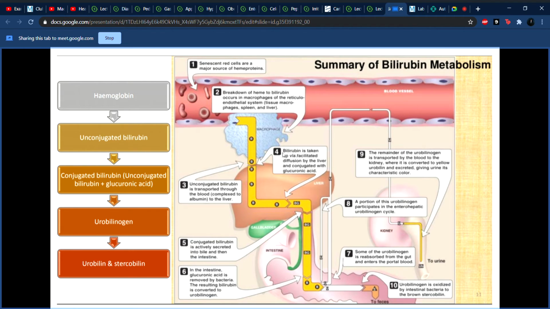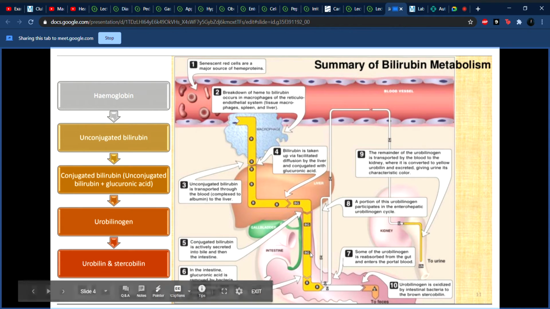Once bilirubin is in the liver, it will be conjugated by glucuronic acid into conjugated bilirubin. This conjugated bilirubin, as well as bile, will be drained down through the common hepatic duct and common bile duct into the small intestine.